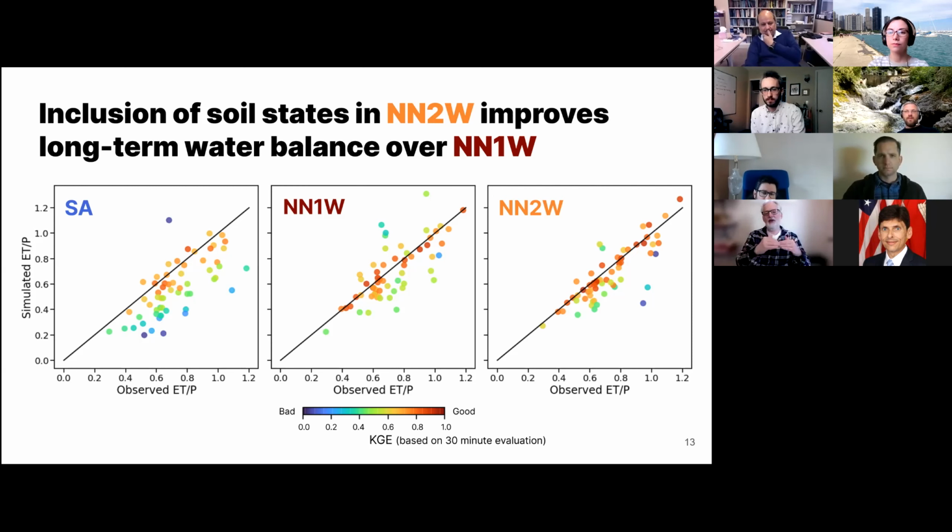So the network is learning that temperature can be used to partition in some sense between latent and sensible heat. And you'll note we have high degrees of saturation here throughout the year, and very low relevance to soil moisture. These numbers are much, much smaller than, say, shortwave and temperature.